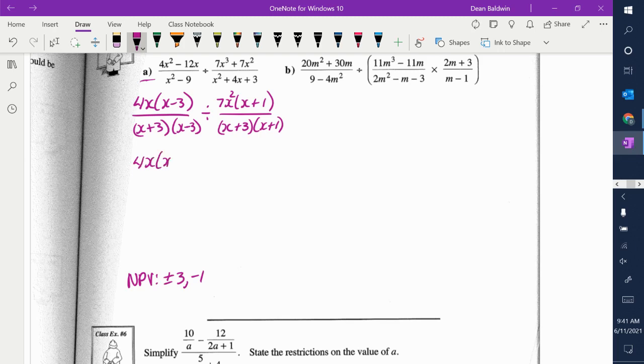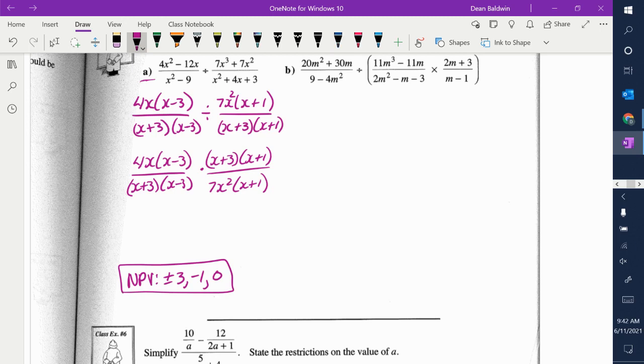Then flip it. Add in your extra NPV. And then cancel.